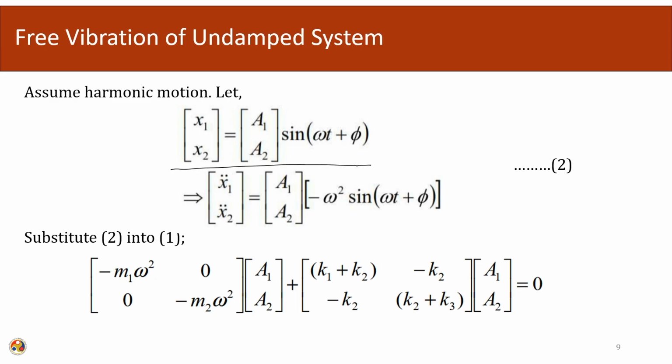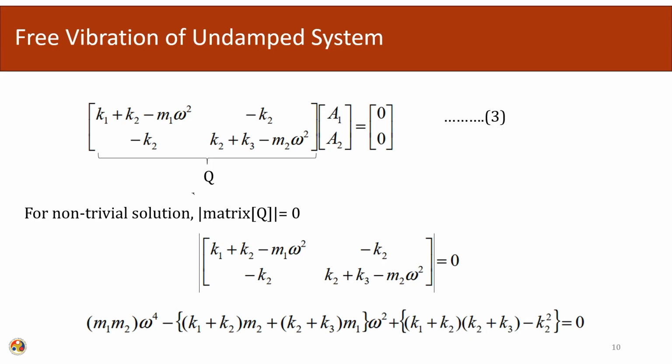We use the degrees of freedom in terms of the time dependent component and the shape function. Shape functions we are assuming a sinusoidal motion, and after that we wrote down the q, and for the non-trivial solution the determinant of this matrix should be equal to 0.